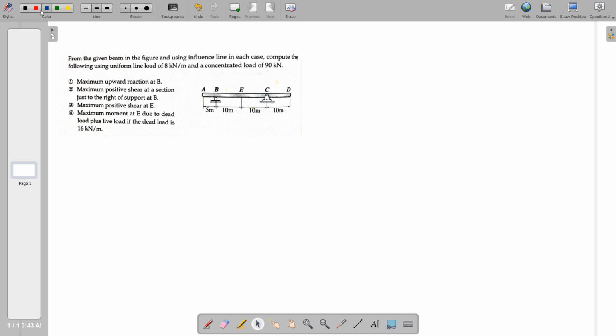So first, we illustrate our ILD for reaction at B. Say this is the beam.